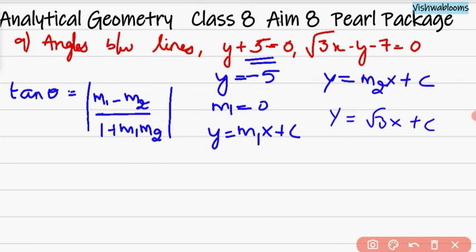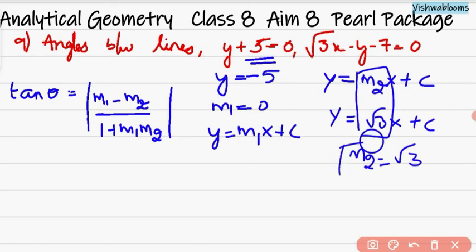Understood? So here automatically you can understand that m2 is root 3. That is simple. Now both the values which we want are found, right? m2 is root 3 and m1 is 0.